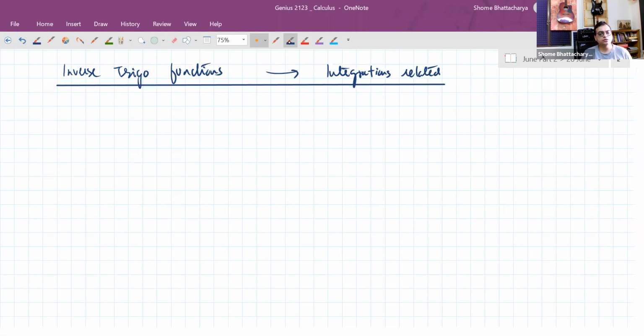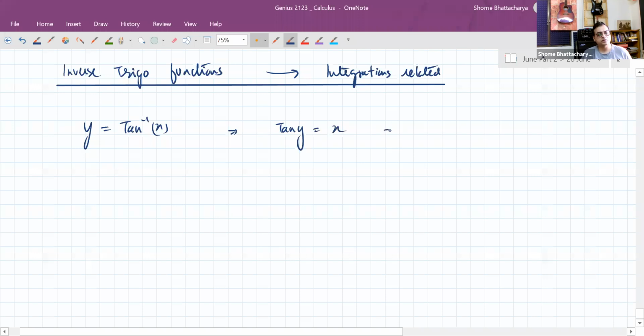So I told you the chain rule method of differentiating inverse trigonometric functions. So for example, if we had y equal to tan inverse x, we saw that tan y was equal to x. So differentiation of tan y with respect to x became sec square y dy by dx equal to 1.